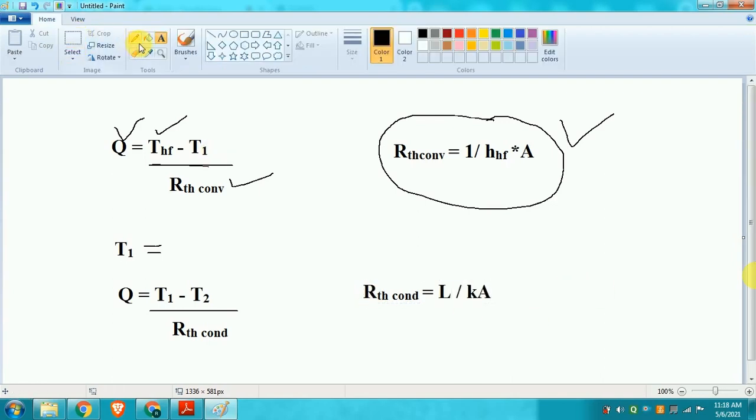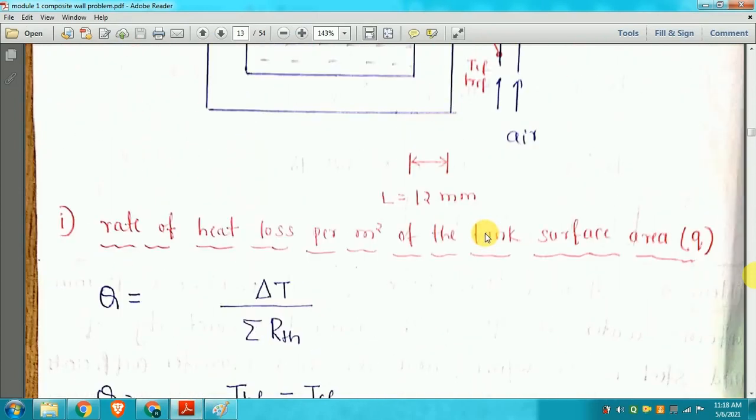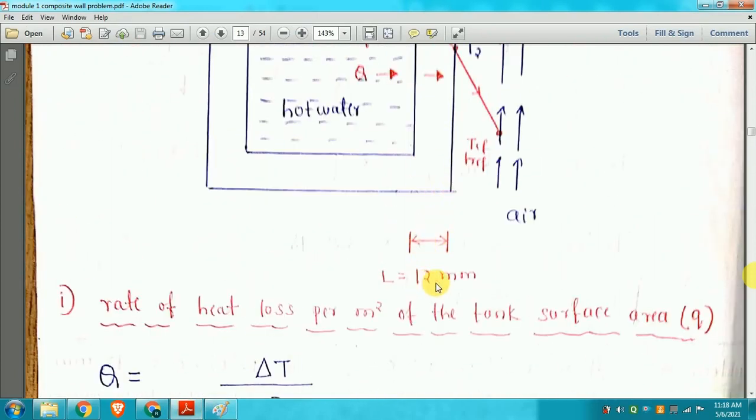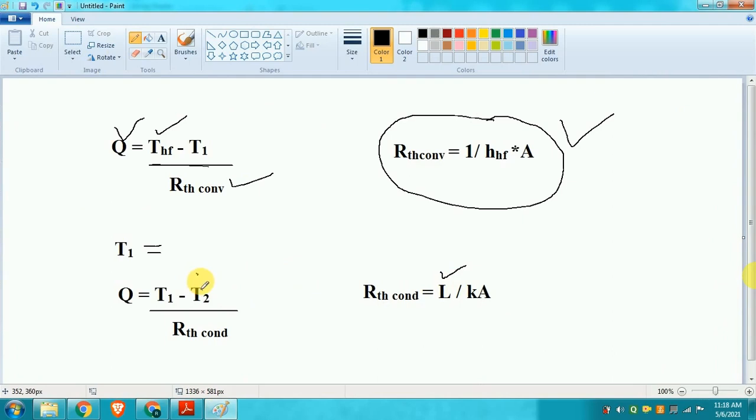Again, area is 1 meter square. The thickness of the wall, if it is given, you can use it. So it is given 0.12. So that value you use and find out the value of T2.